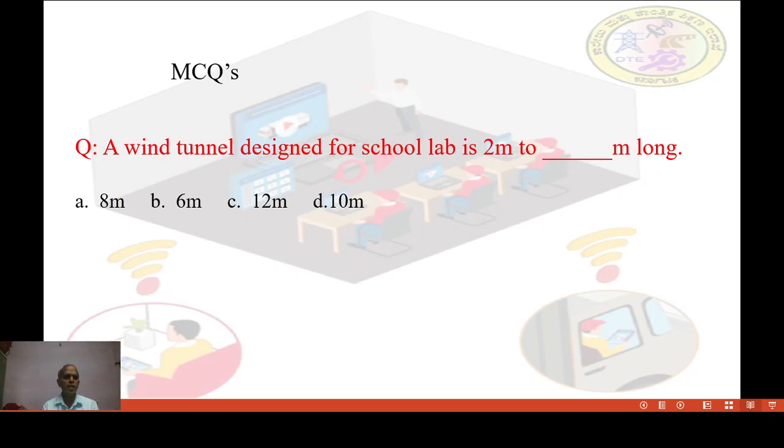And question number 3. A wind tunnel designed for a school lab is 2 meters to dash meters long. The choices are A 8 meter, B 6 meter, C 12 meter, D 10 meter. The correct answer is 12 meters.